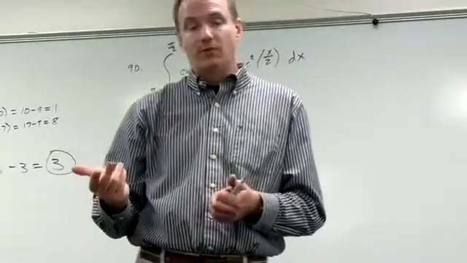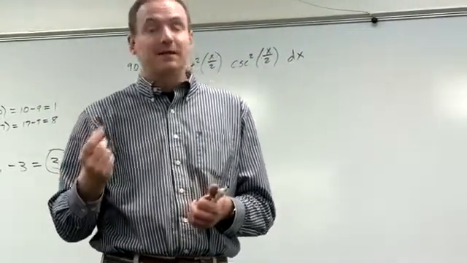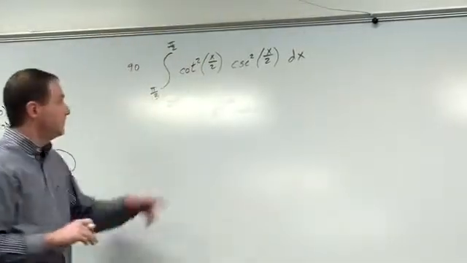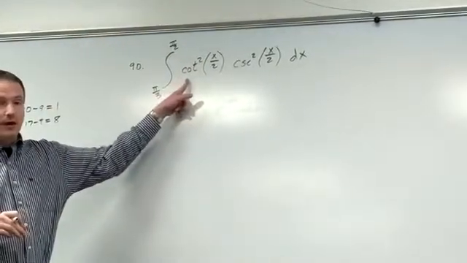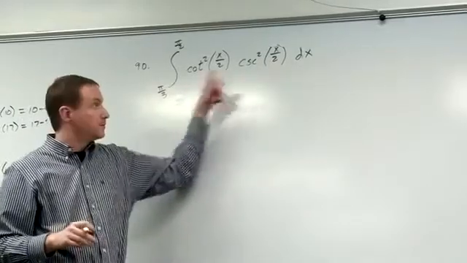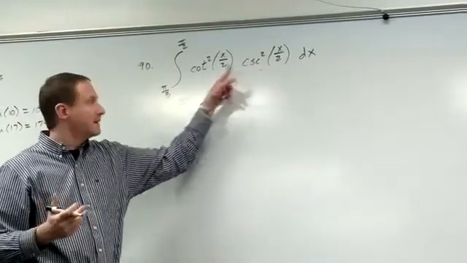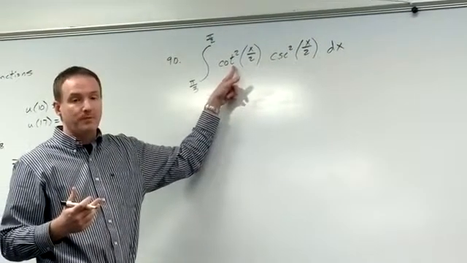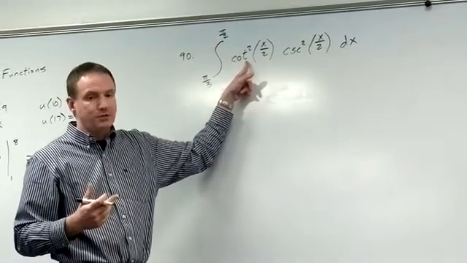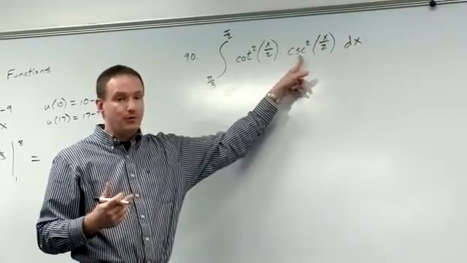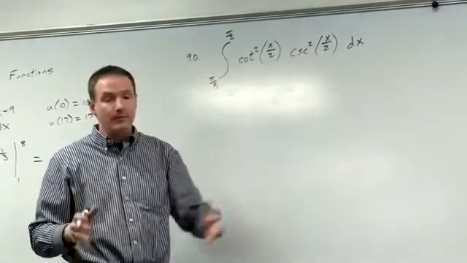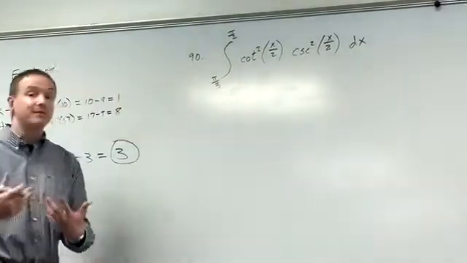I think the easier one is going to be if I let u equal this one. But even if I let u equal this, the derivative is still there. But the problem is that with that first term, you're only going to get rid of one of the powers of it. You're still going to have a cotangent floating around if you let u be this. That wouldn't be the end of the world. We could get rid of it, but this will be the easier method. And we're all about doing it the easier way.